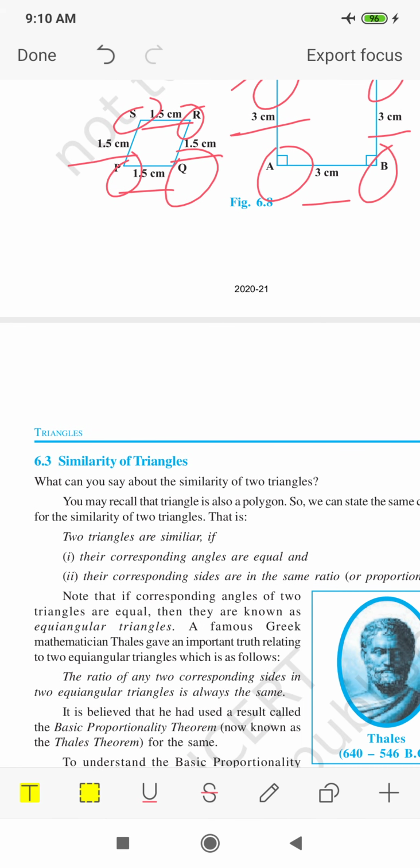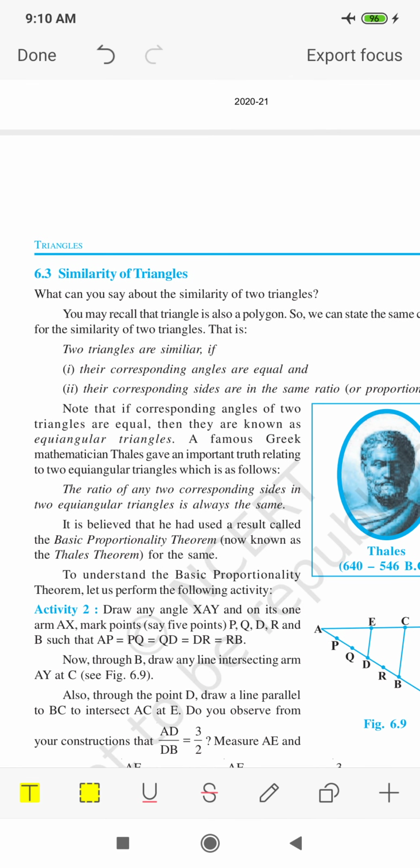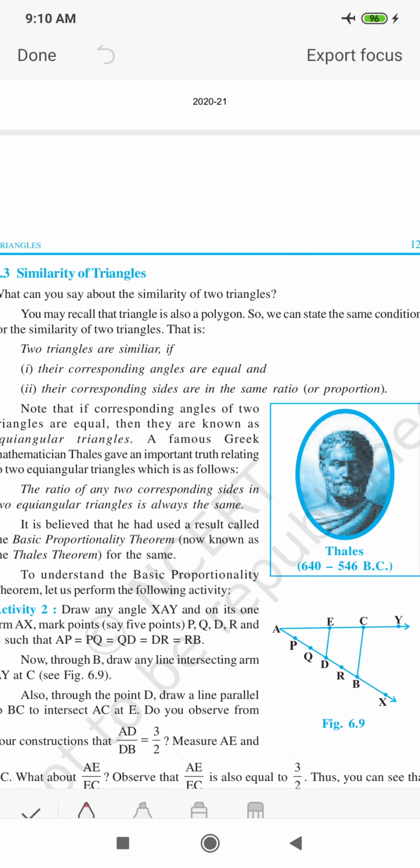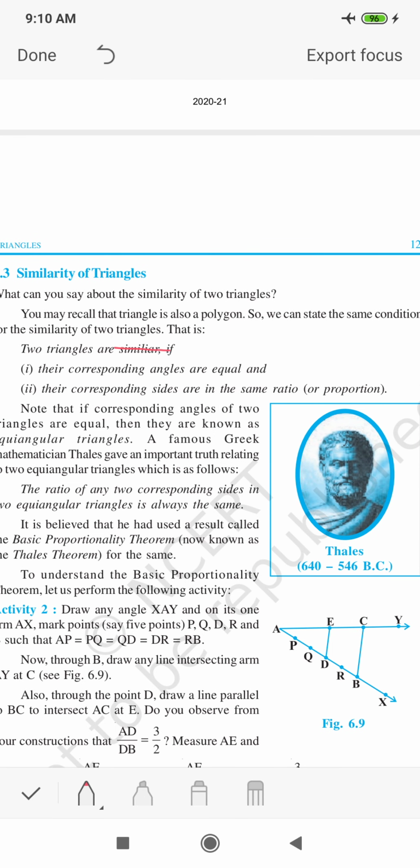Now, similarity of triangles. What is the similarity of triangles? Same definition as for polygons. Two polygons are called similar if their angles are equal and their sides are in the same ratio.